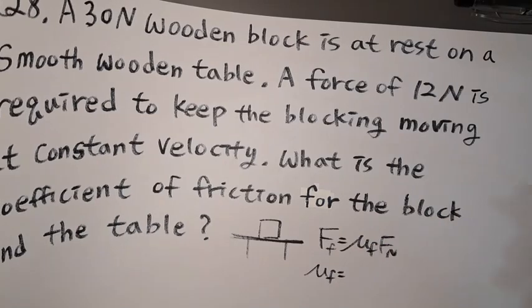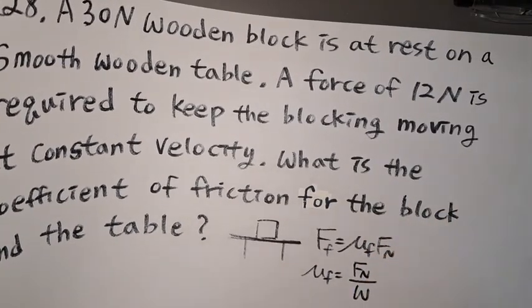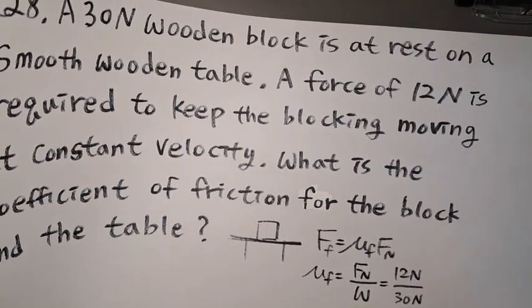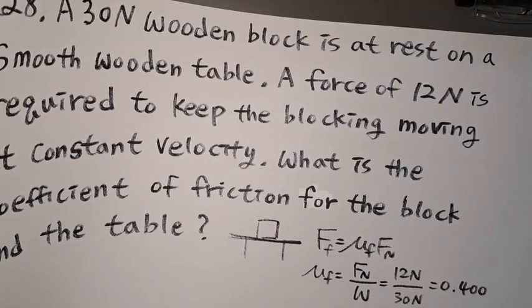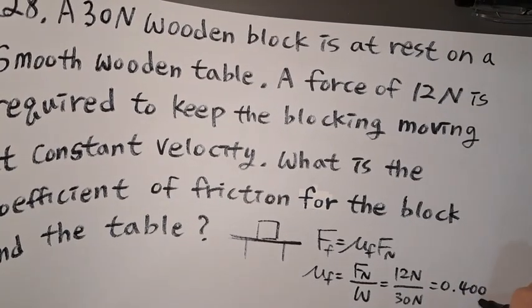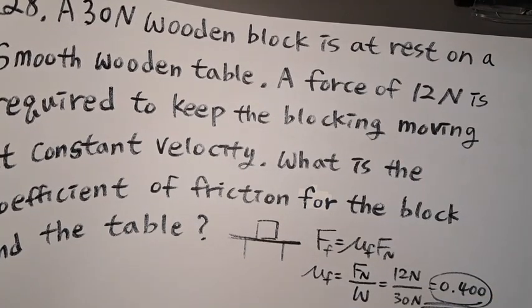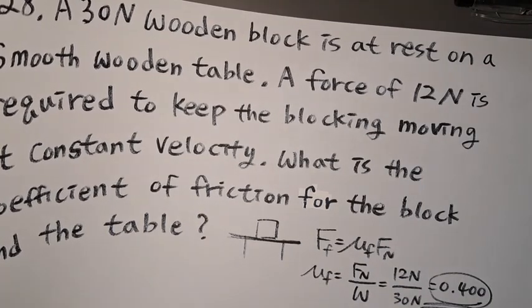And for finding the coefficient of friction, so the coefficient of friction for the block and the table is going to be 0.400.